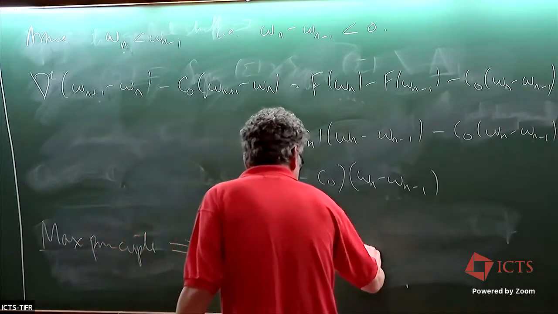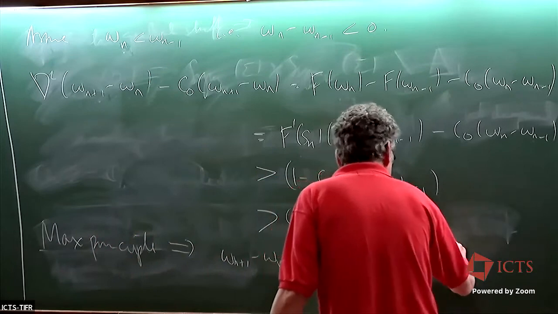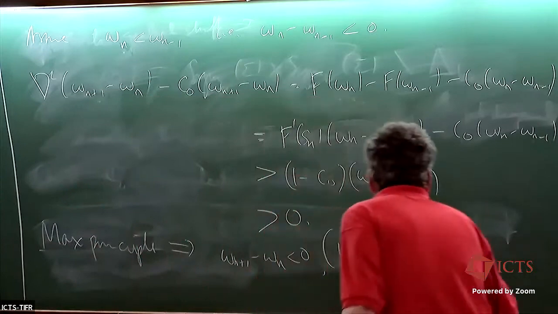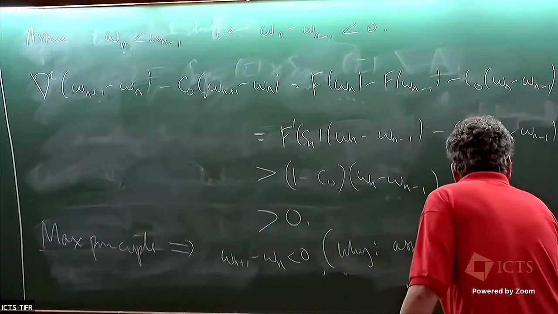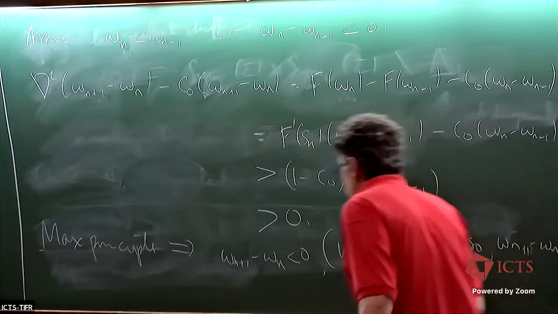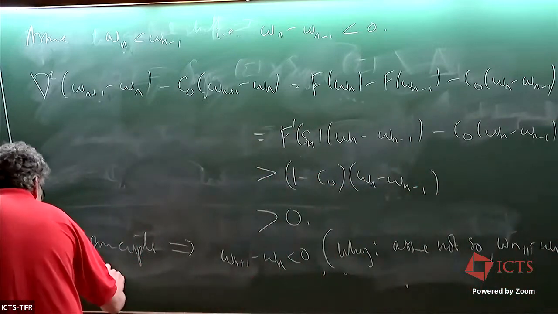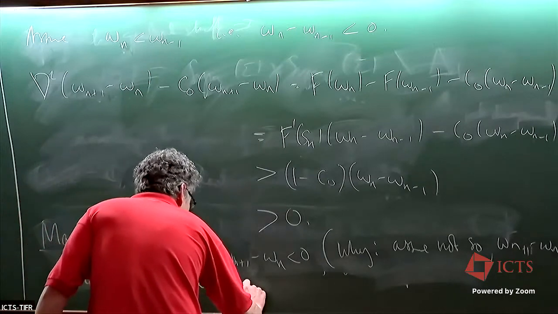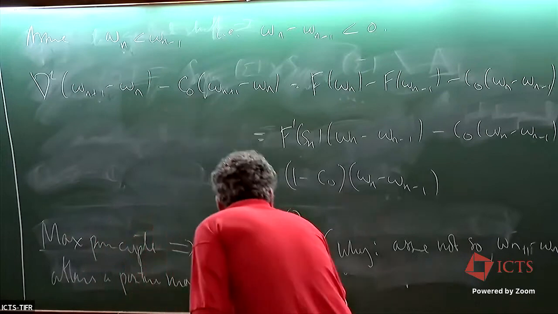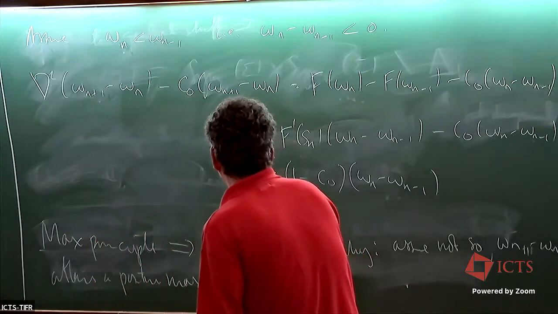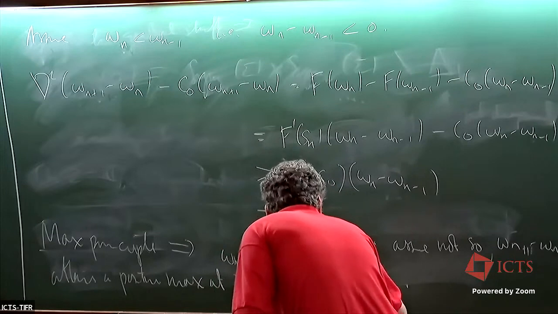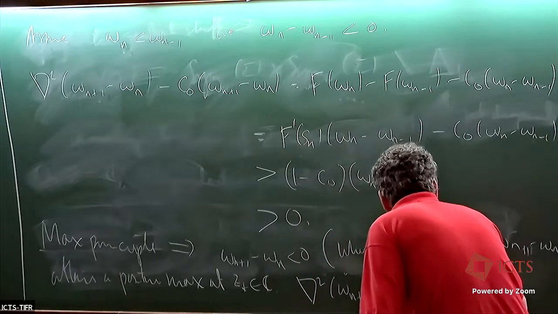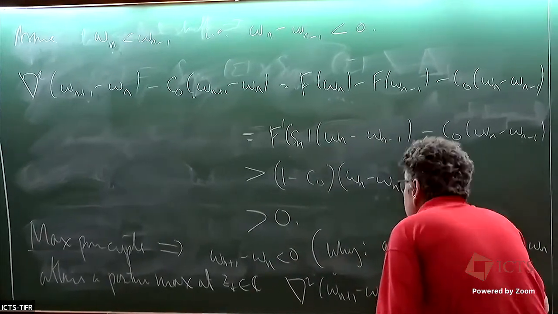Why is that true? Well, assume it isn't. Because these things are decaying to 0 at infinity, it follows that this quantity attains a positive max at some point z star in the plane. But then the inequality tells us that the Laplacian at that point is bigger than this large positive number.